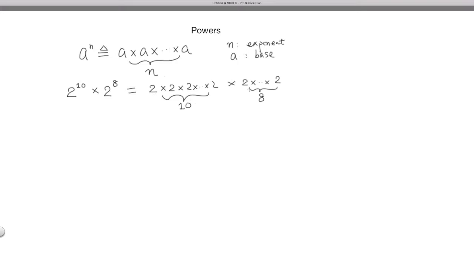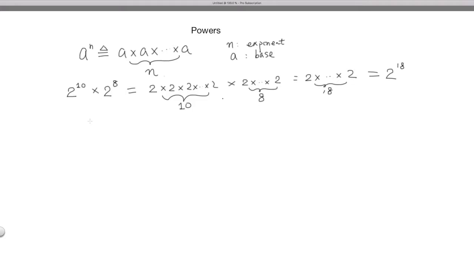But if you look at the whole thing, this is really 18 2's multiplied together. There are 10 2's multiplied together, 8 2's multiplied together, and they are multiplied together. So it's 18 2's multiplied together, and this is, of course, the definition a to the power 18.